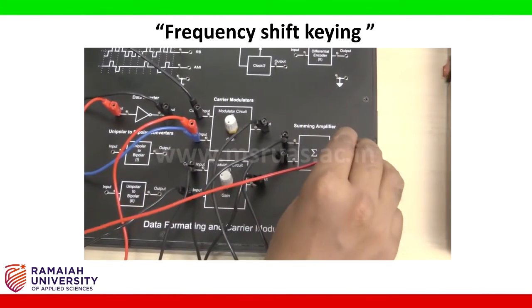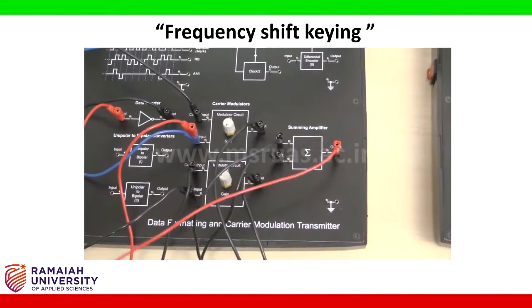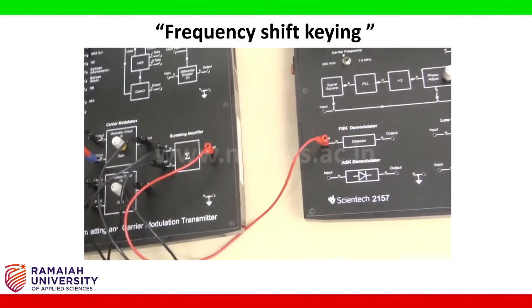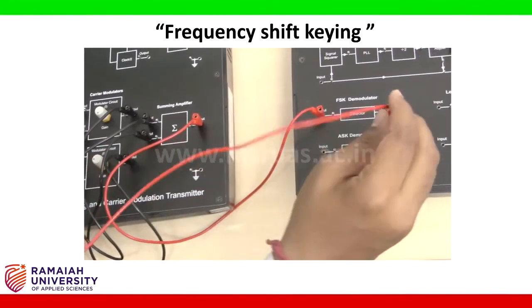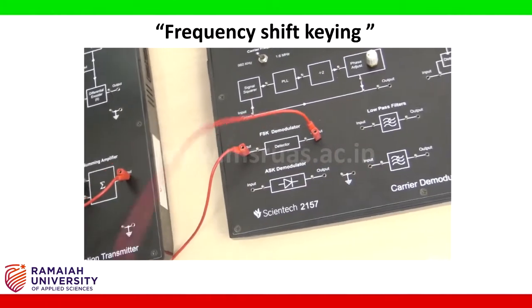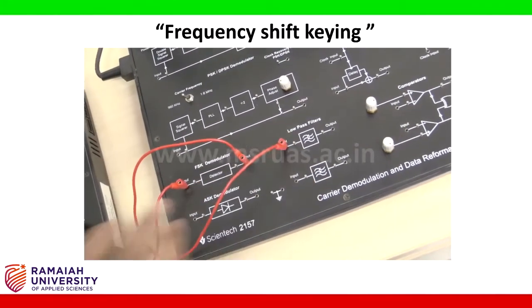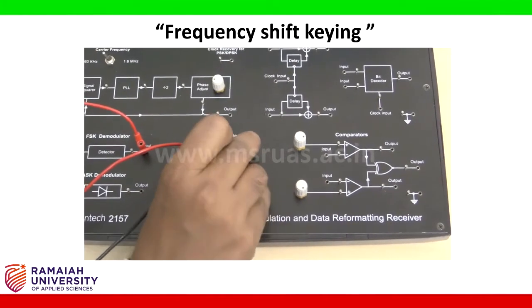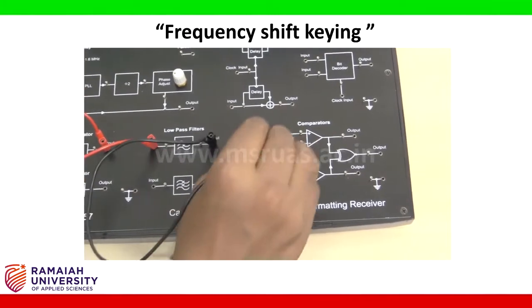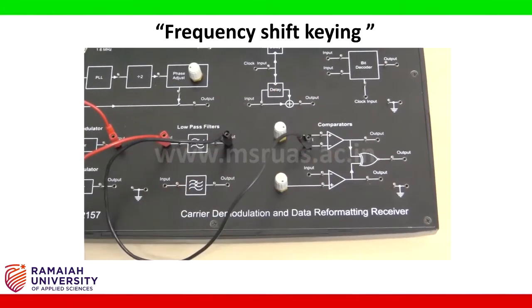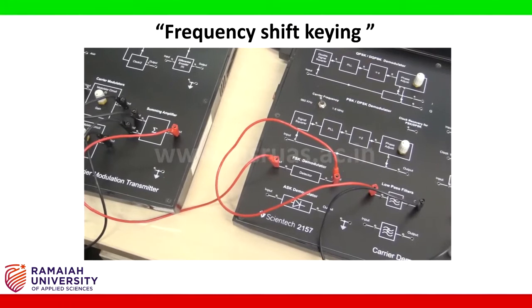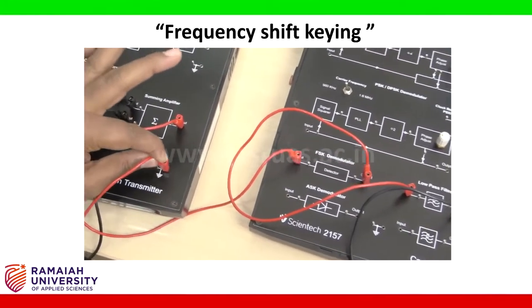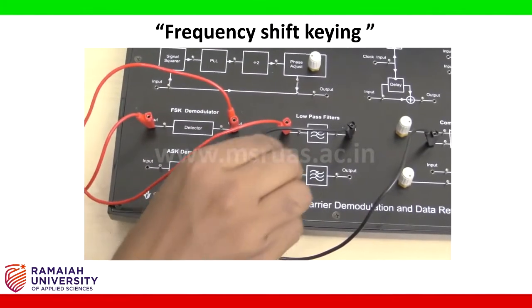Here output of the FSK modulated is connected to the input of FSK detector, then FSK detector output is connected to the low pass filter input, low pass filter output is connected to the comparator input, and then create a common ground by connecting the grounds of board 1 and board 2.